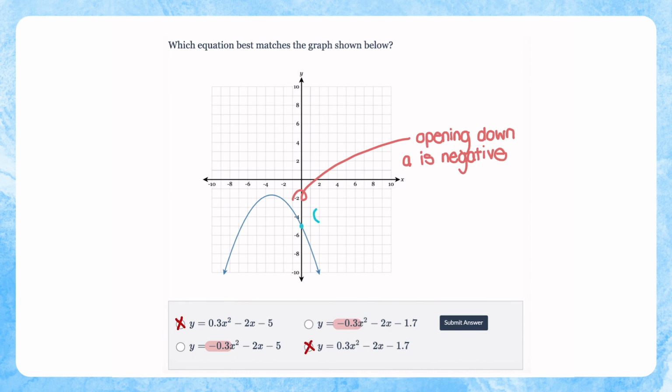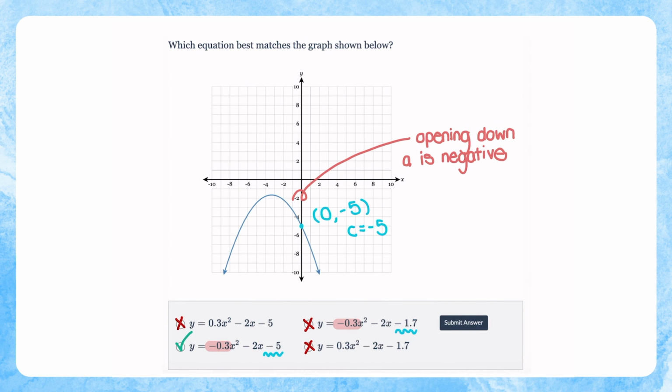We also focus on the y-intercept. Here the y-intercept is (0, negative 5). That means C equals negative 5. So which option has C equals negative 5? This one. This option is incorrect because C is not equal to negative 5.